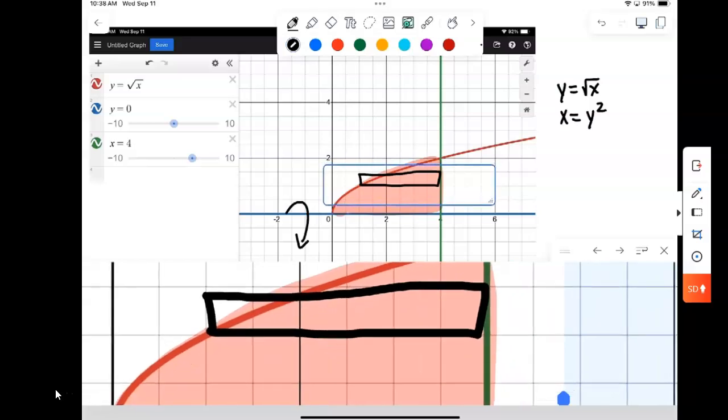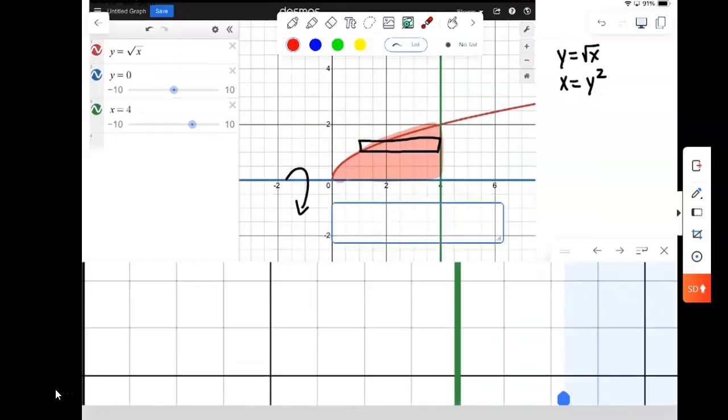And then we notice that in this case, the length of our shell is going to be the difference between the line x equals 4 and the x value, which is x equals y squared.